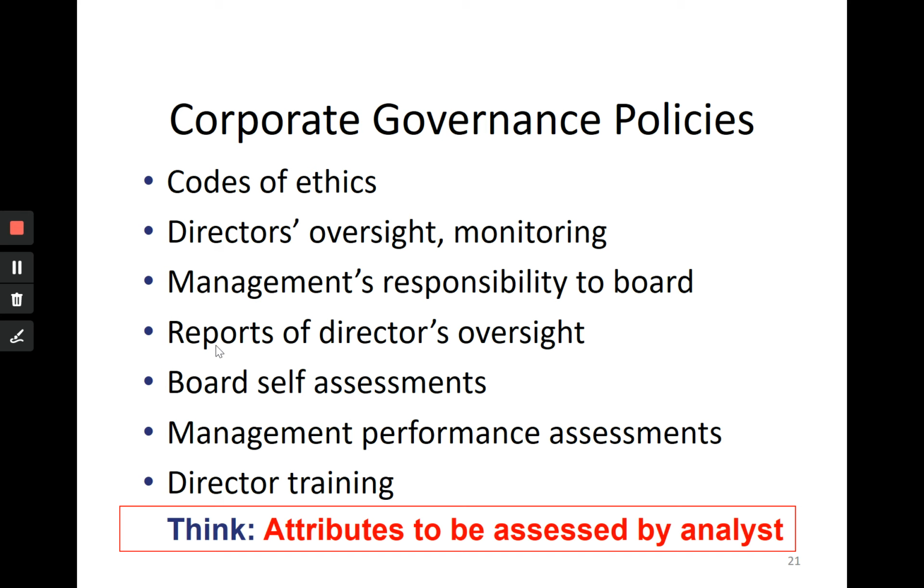Second is directors' oversight and monitoring. Third is management's responsibility to the board. Fourth is reports of directors' oversight. The fifth one is board self-assessments. Sixth one is management performance assessment. And finally, what kind of training the directors receive.